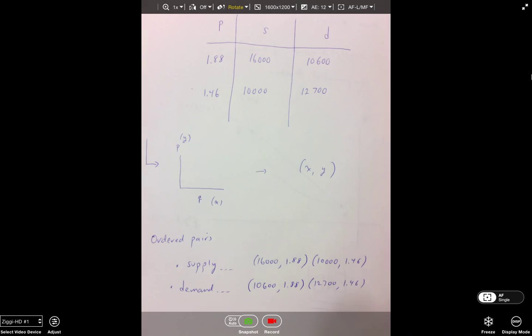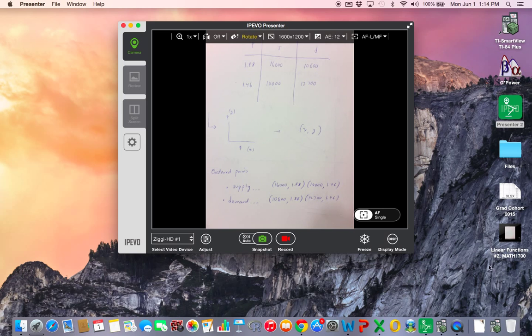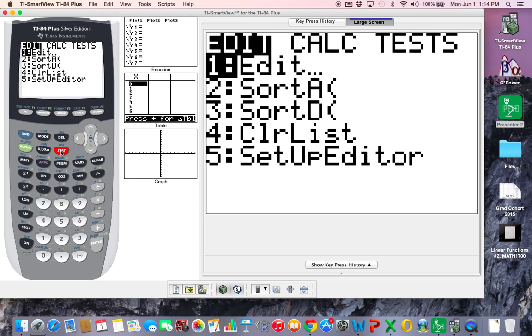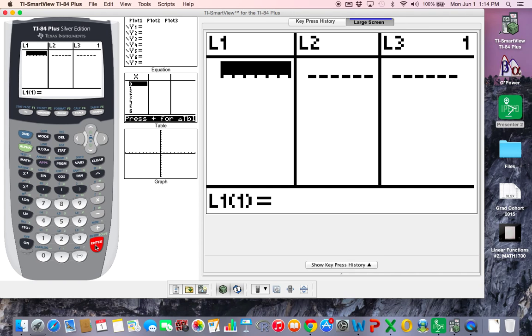Okay, so once we get that done, the things that I've shown you on the calculator in terms of finding the linear functions should be very easy. Now I'm going to use a little different approach here. I've got this downloaded on my computer, and I'm going to bring this up. The cool thing about this is the keystrokes are going to be simpler. So if I go to Stat and just hit Enter, I have L1 and L2. The first thing I want to do is the supply.